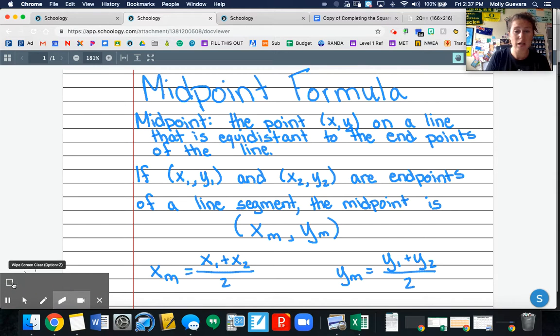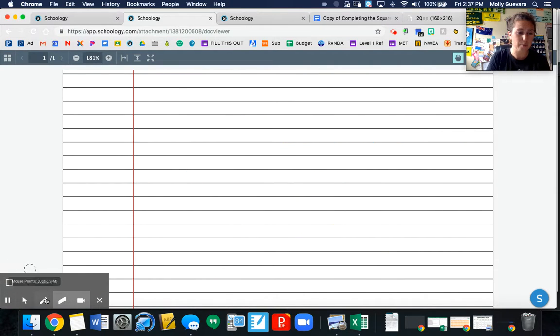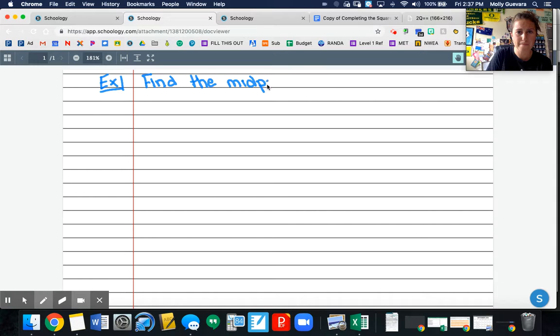So let's do another example, our only example on midpoint. The example is find the midpoint of A, B. And again, we're going to glue in that graph. I'm just going to have to draw it because apparently I can't write on that other page.